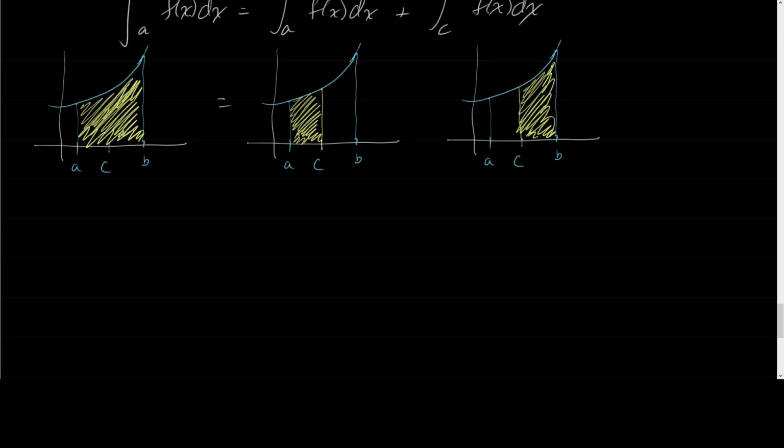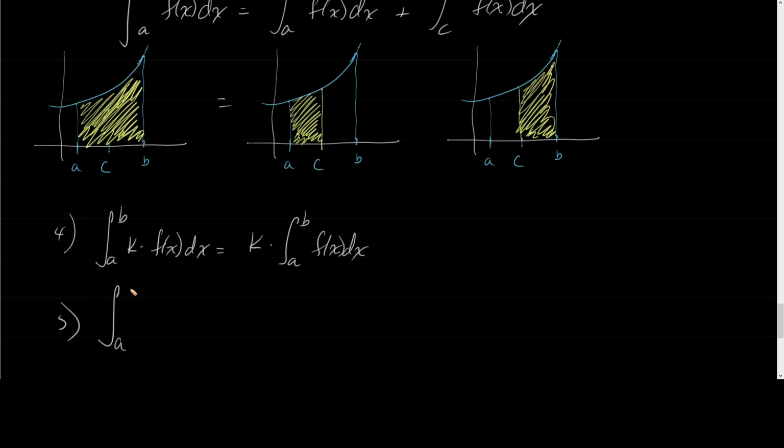Next thing. So this will be the fourth. If I have the integral from a to b of a constant times f of x dx, this is going to be the constant times the integral from a to b of f of x dx.